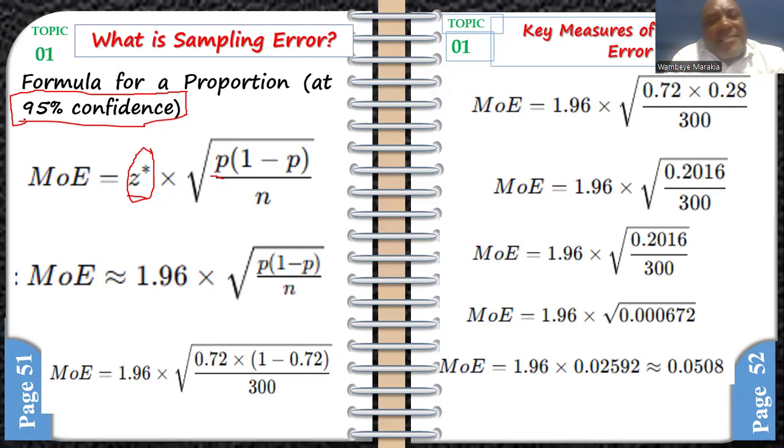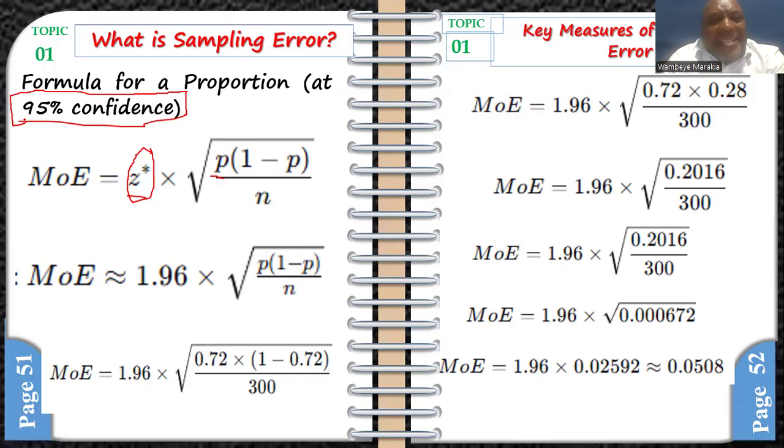In most cases, social science research uses the 95% confidence level. So when we are talking about the Z that corresponds to 95% confidence, it is 1.96 all the time. We will be using 1.96 when converting raw data to Z scores.